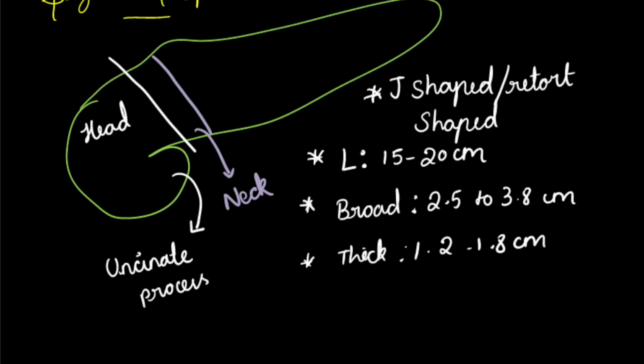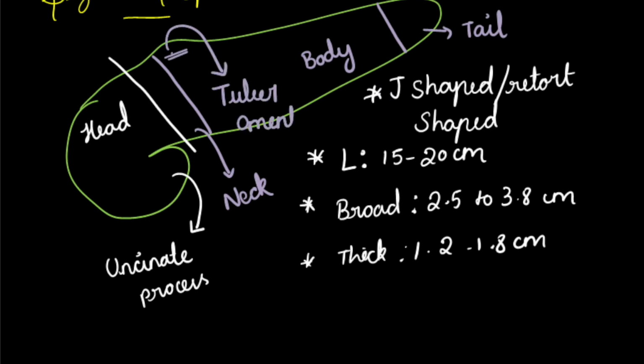Then comes the body of the pancreas, and at last the tail of the pancreas here. And this one is the body. Here I have to mention one projection present in the body of the pancreas above the superior border, that is this projection. This projection is also called the tuber omentale. So this is it regarding the parts of the pancreas: first the head, second the neck, third the body, and fourth the tail of the pancreas.